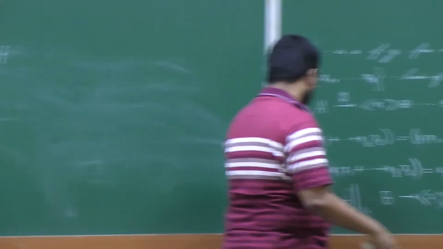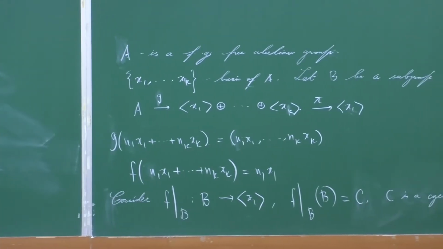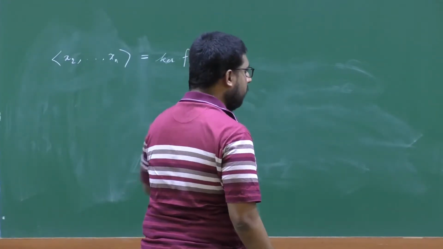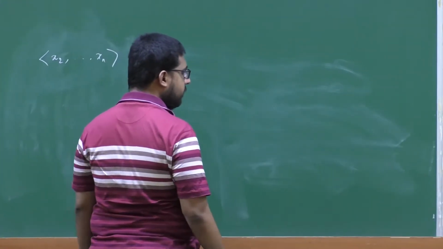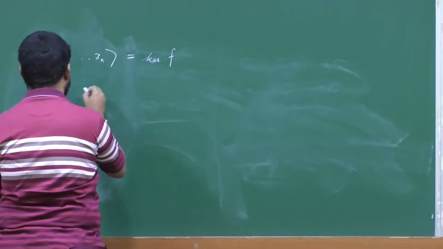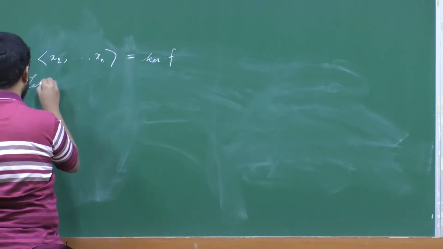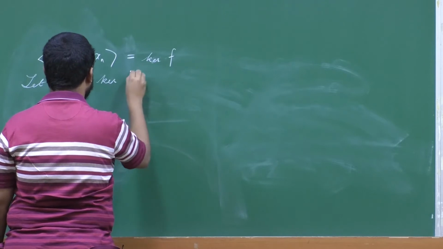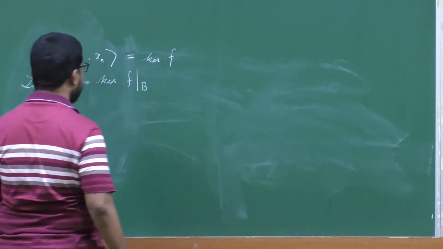The kernel is precisely this group for F. Next, let B1 be the kernel of the restriction.